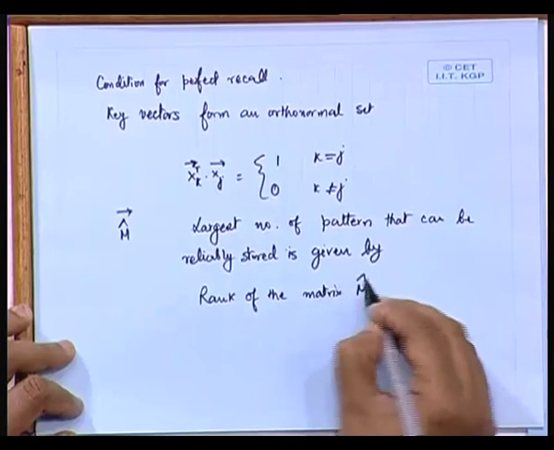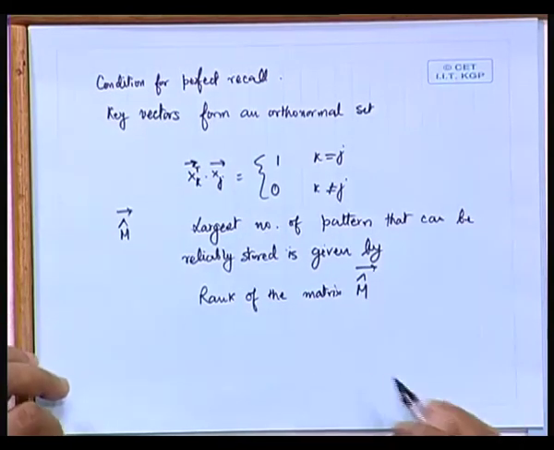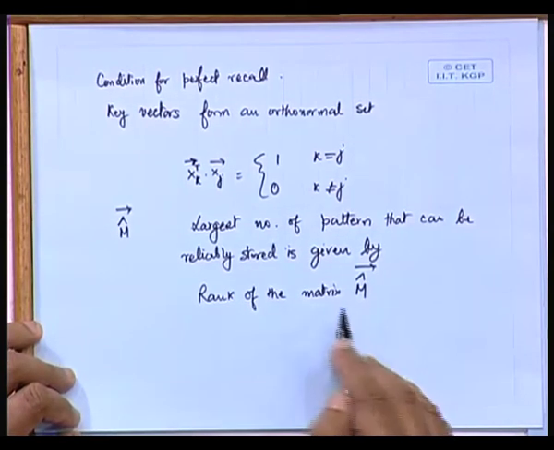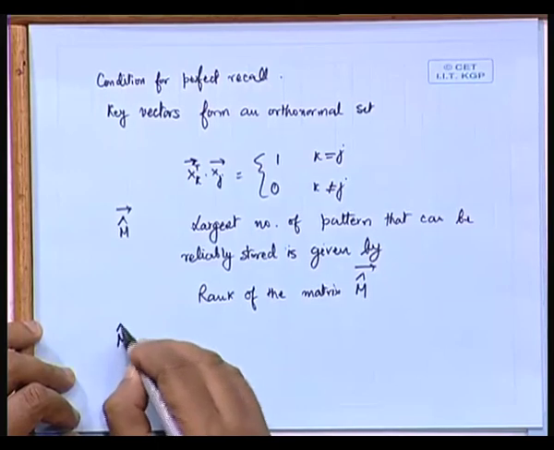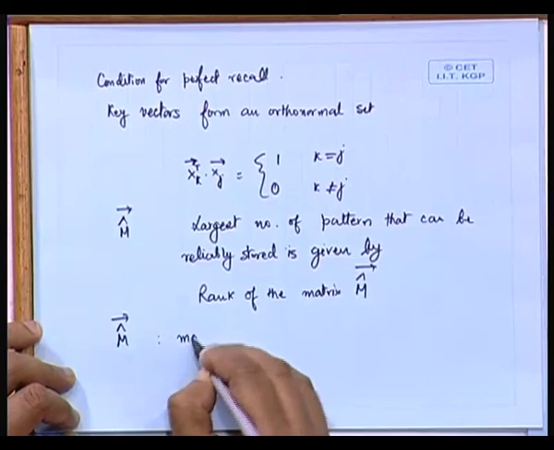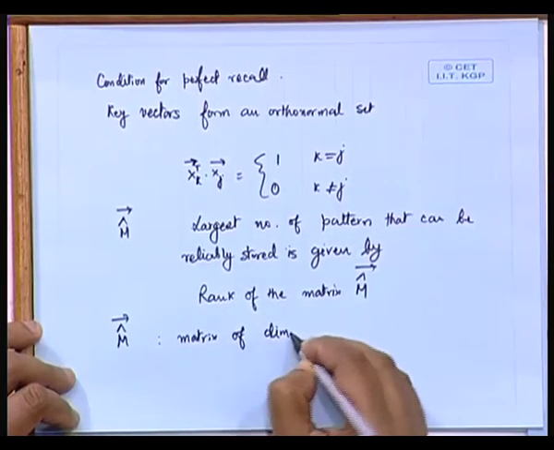It has been shown analytically, and we are not going into the derivation of that. All right. Now, this matrix M, in fact, we can say that this is a matrix of dimensions, let us say, L by M.